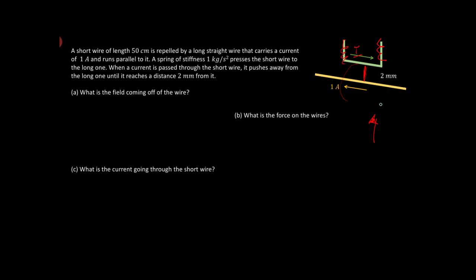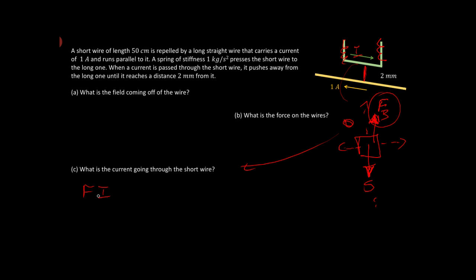This wire has 1 amp, so we're finding the field at the point where the wire is parallel to this other wire. I is 1 ampere, that's what's causing it, right?